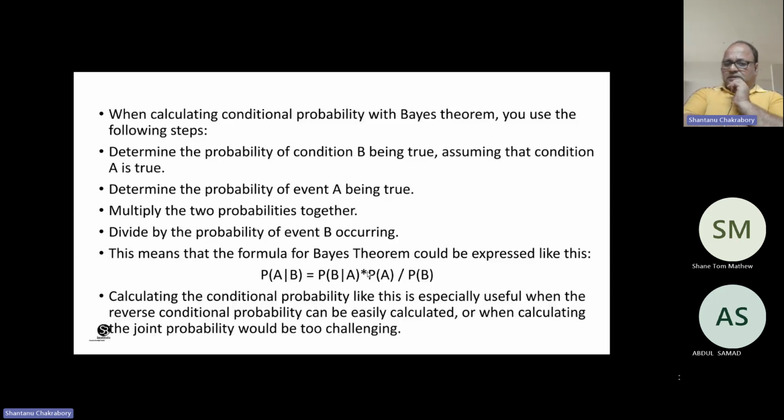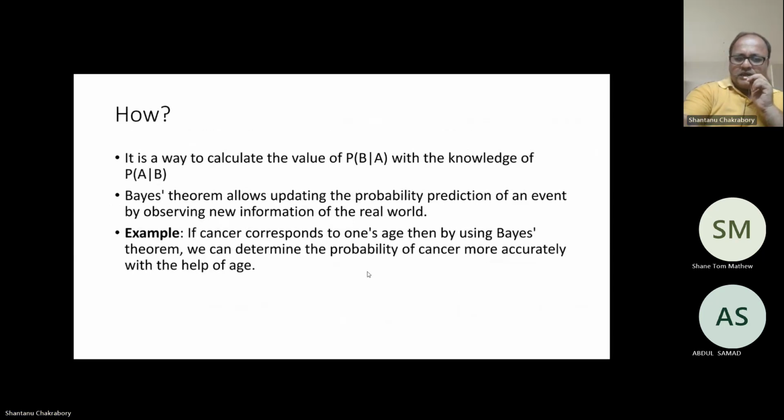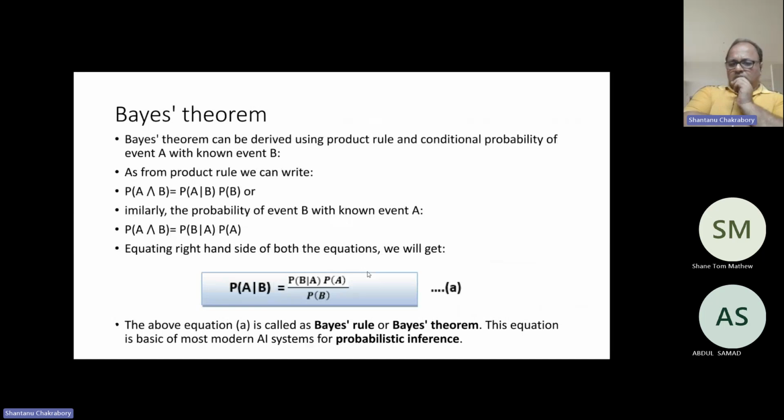We can also calculate the joint probability like this, and this is how the Bayes theorem helps you calculate probabilistic inferences from event A, event B, and event C.